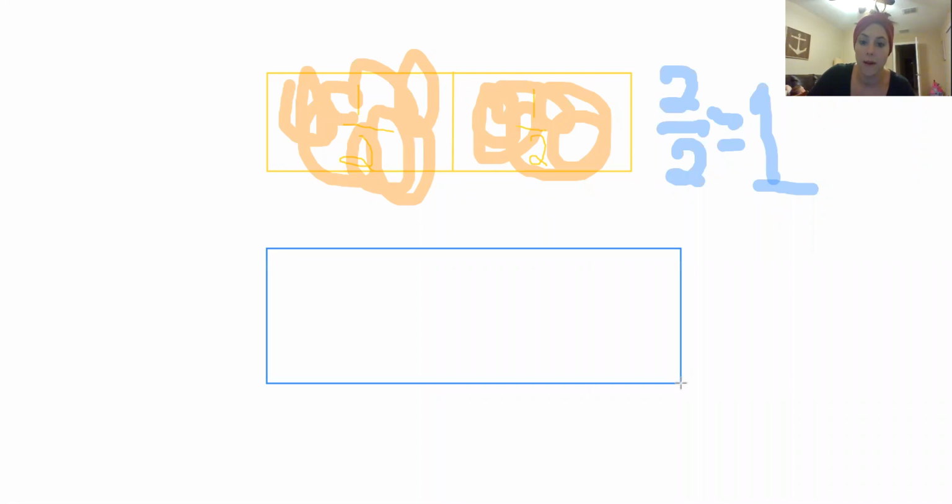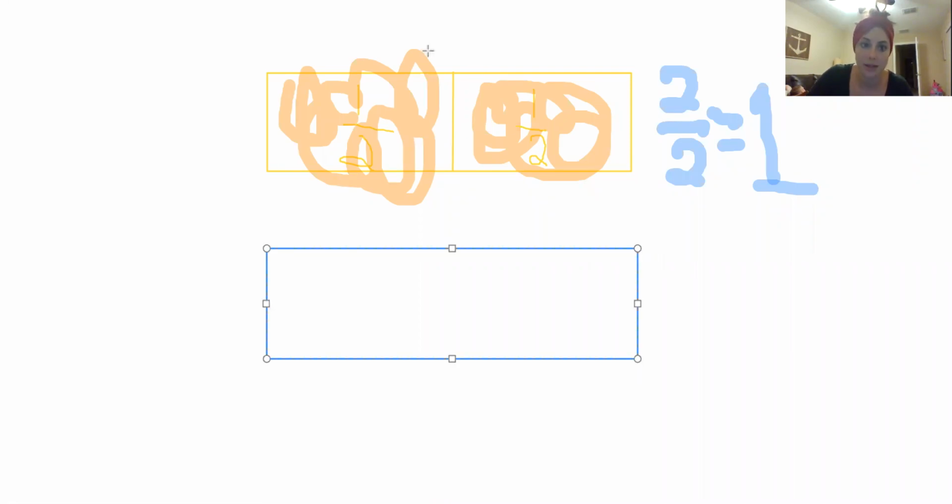Just like if I were to have another whole of the same size, and that whole was broken into 4 parts. We know each one of those parts is worth 1/4, and I have 4 1/4 pieces.